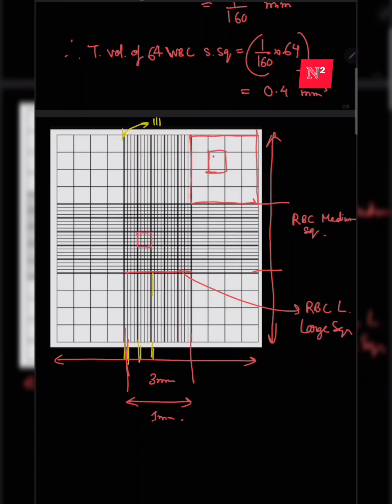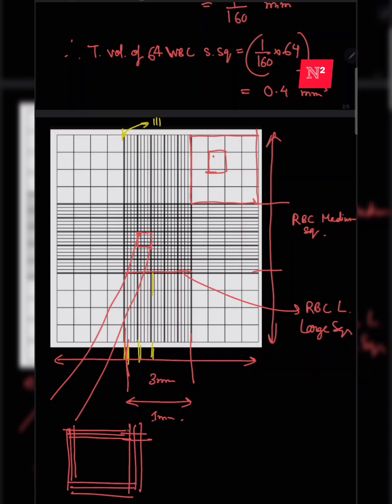So this is the medium square, and if I'm trying to enlarge this square and draw it, there will be triple lines surrounding this block. Triple lines will be there everywhere, intersecting. But this RBC medium square is again divided into 4 equal parts by a single line.